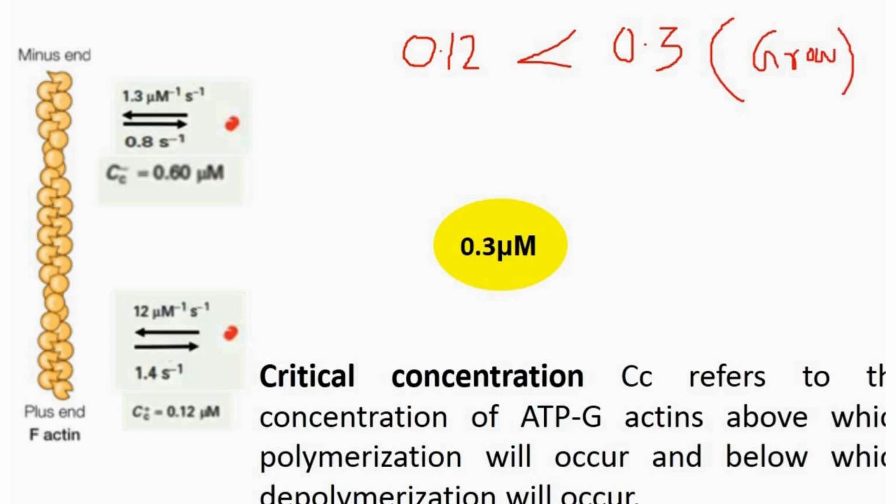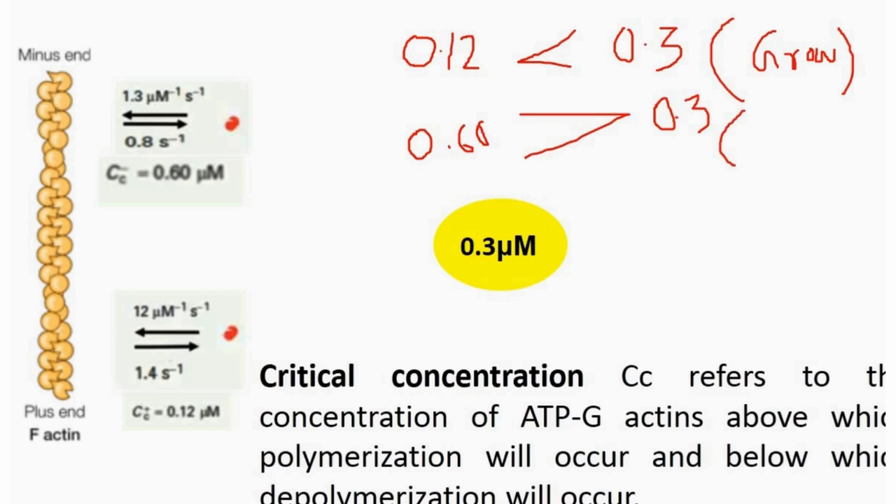At the minus end, the critical concentration is 0.60. This 0.60 at the minus end, or the pointed end, is more than 0.3. In other words, the external concentration at the minus end is less than the critical concentration.